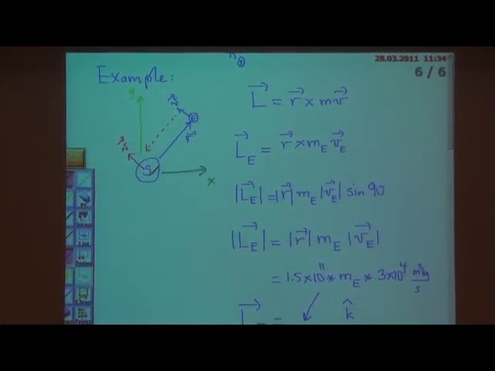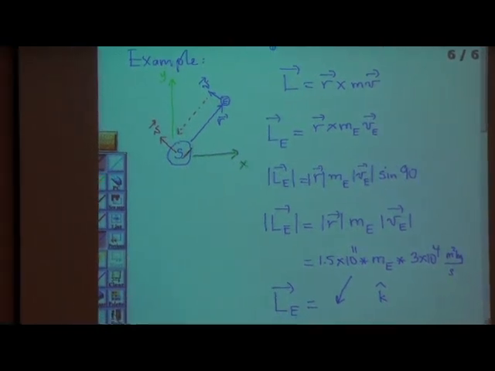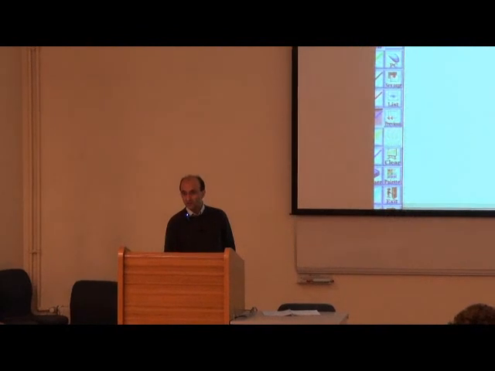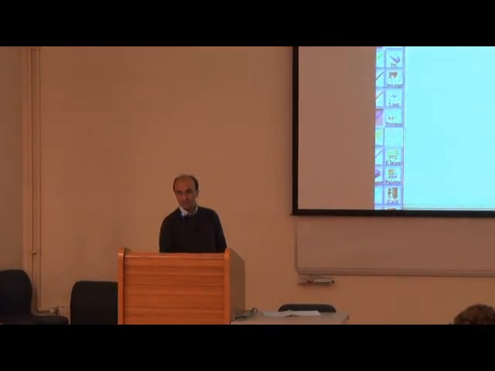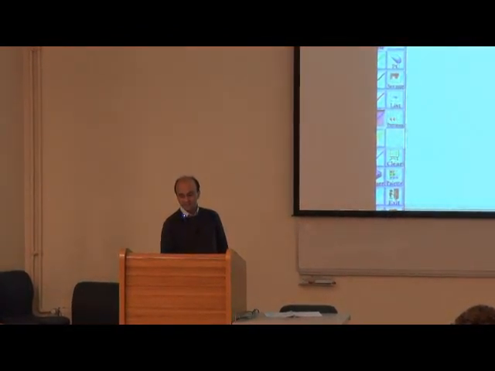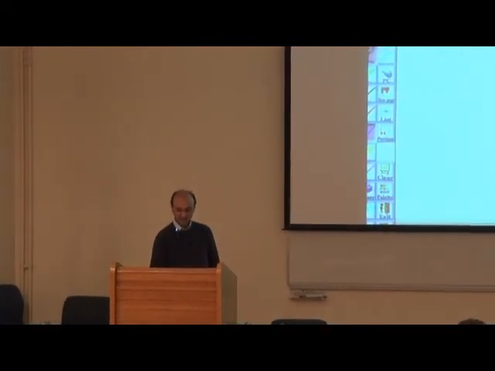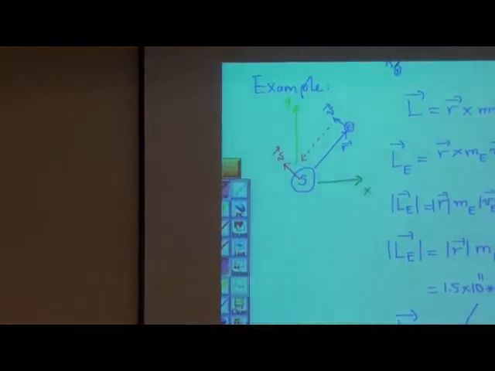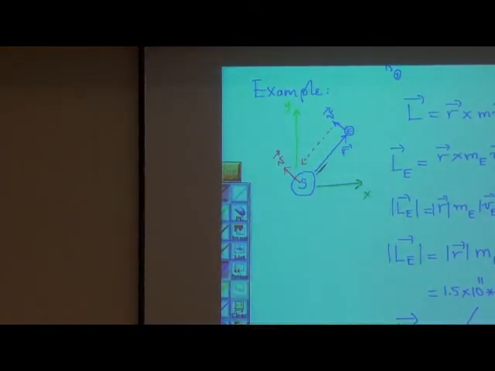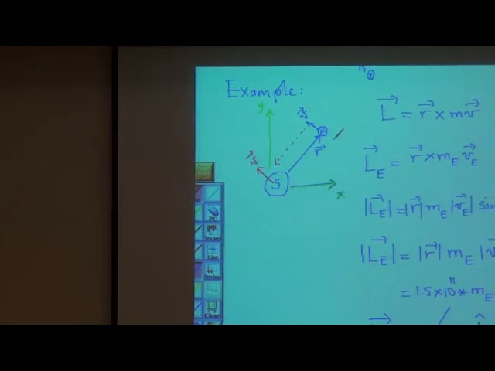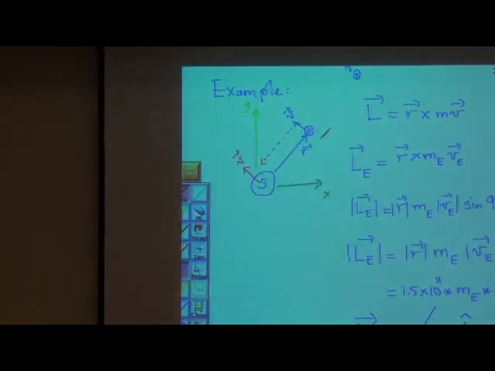So, should the angular momentum direction be the same as that of Earth? Yes, why not? Here are the directions of velocity and position vector for each, so the resulting angular momentum vectors are going to be in the same direction.